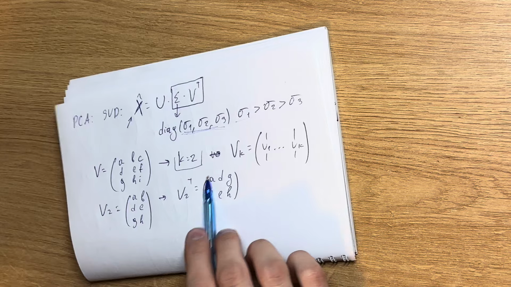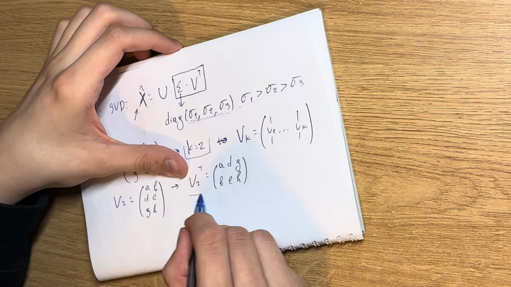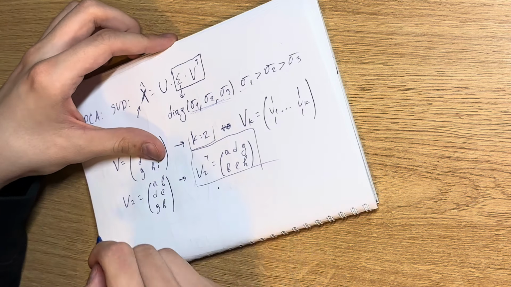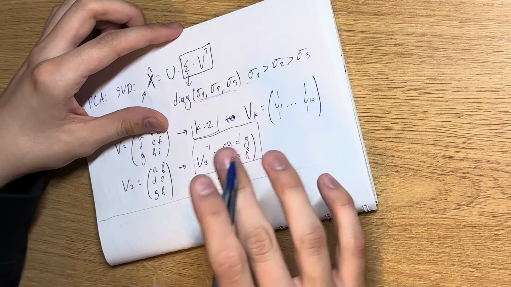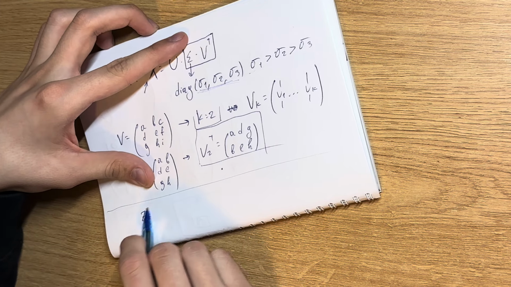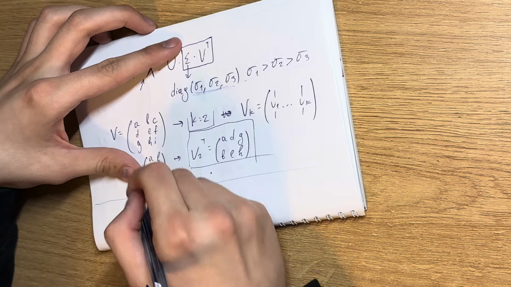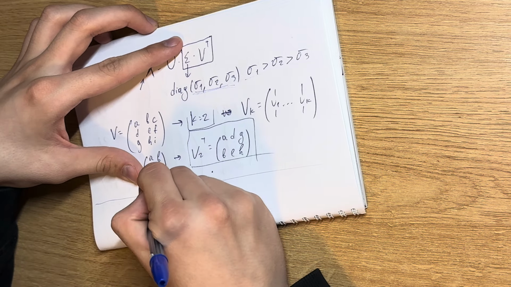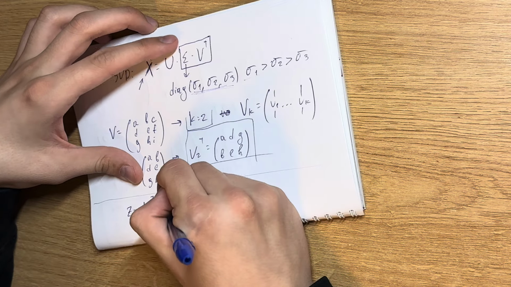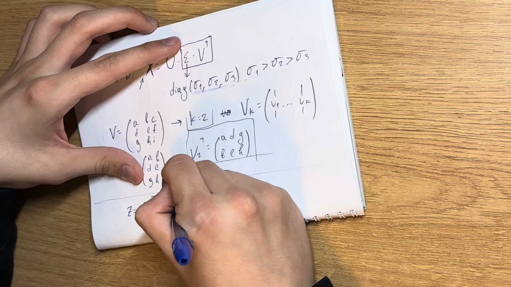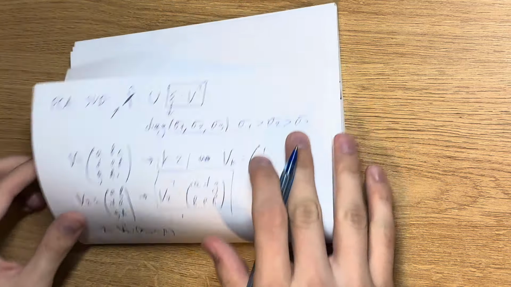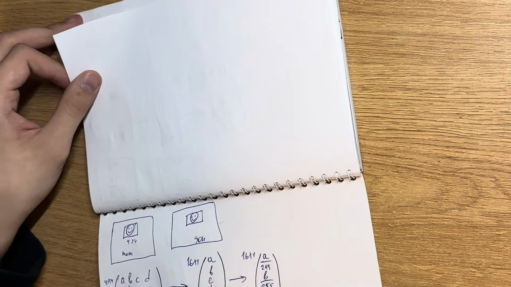After that, as we have such a matrix, we can define our embedding, Z, which equals V2 transposed multiplied by our image of the mother, X mom, minus our mean that we grabbed from here.